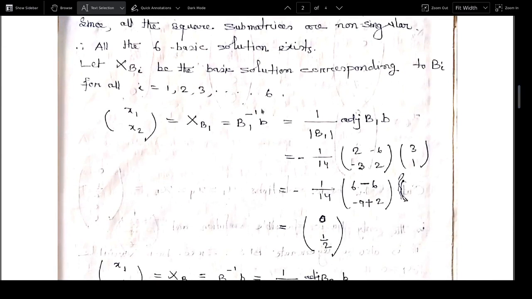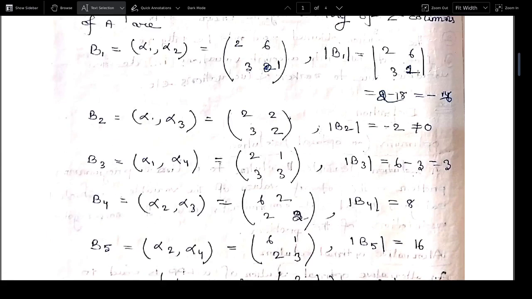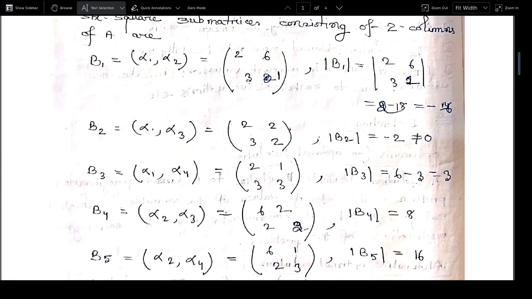Sometimes this may happen, because if the determinant of B1 is 0, then we cannot find its inverse. The inverse of a matrix A is adjoint A divided by determinant A. So if the determinant is 0, the inverse does not exist.